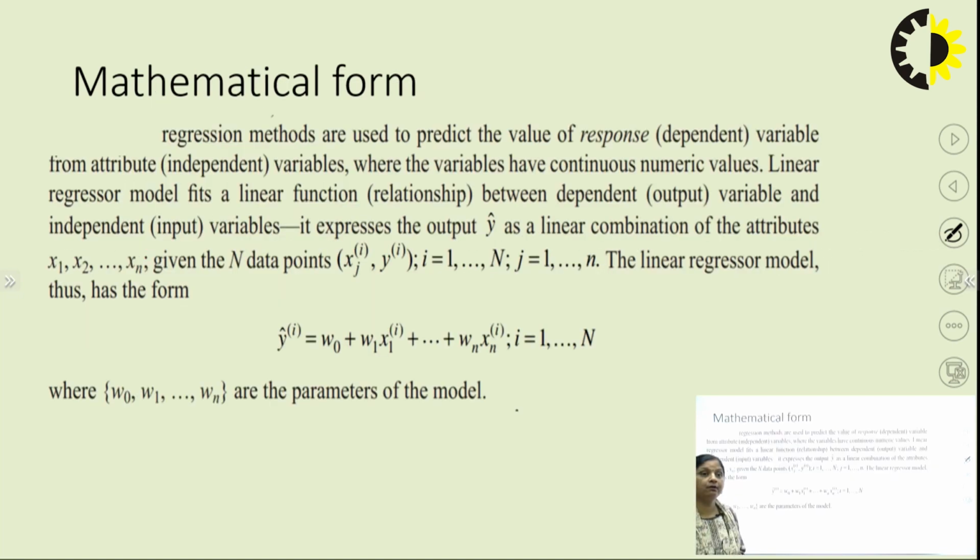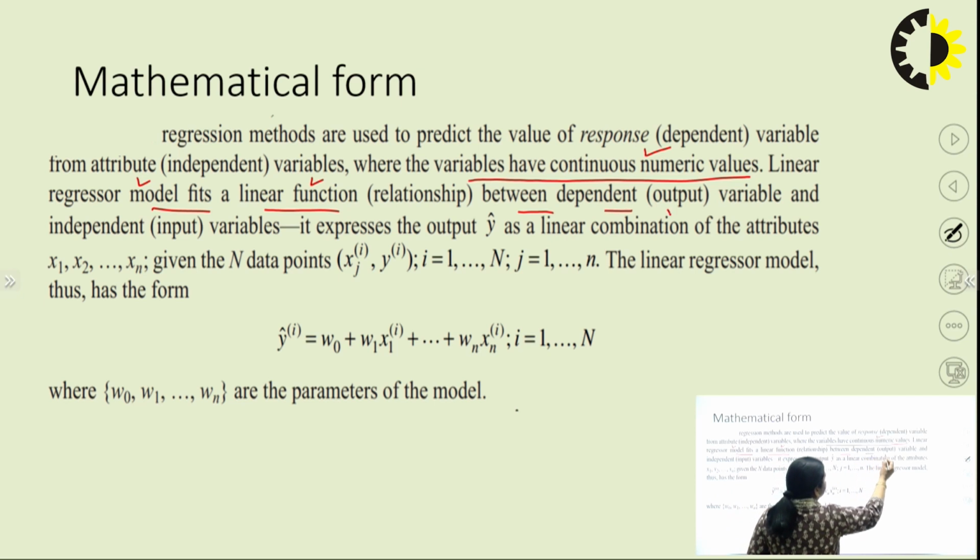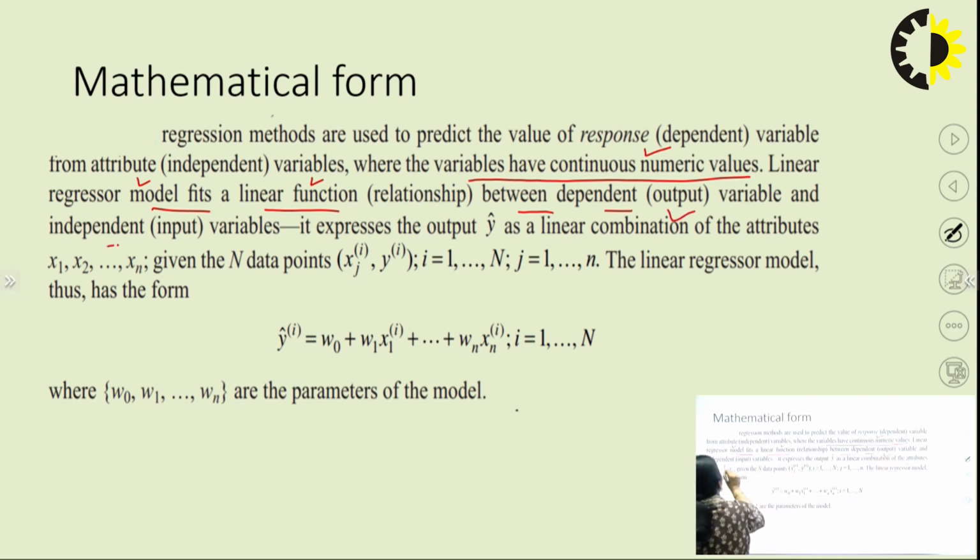So in general we can represent the regression method in this mathematical form. Regression methods are used to predict the value of a response variable from attribute variables. These are independent and that is dependent, where the variables have continuous numeric values. Now, a linear regression model fits a linear function that defines the relationship between the dependent, that is the output variable, and the independent variables, which are the input variables.